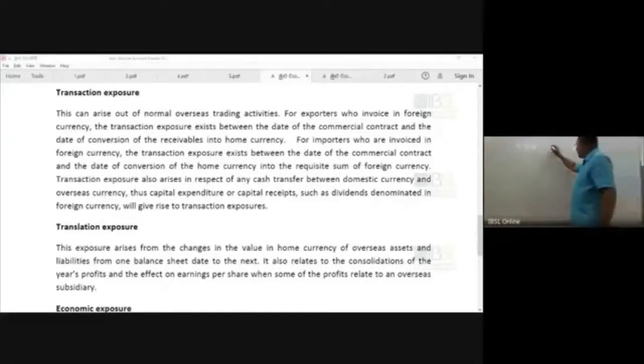In foreign currency, I said there are 3 exposures. This will be classified as transaction, translation, and economic.